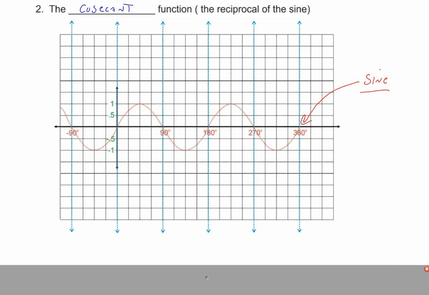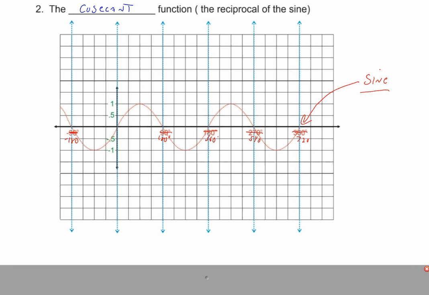My numbers are off. All right, let's fix this. So this is 180, that's 360, 540, 720, and then back here, this is negative 180.